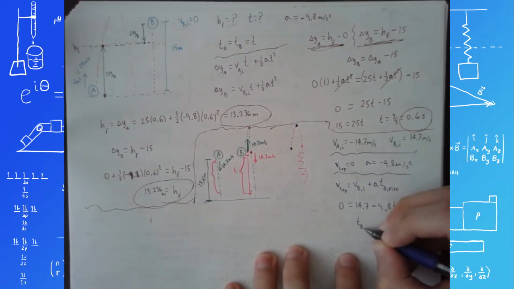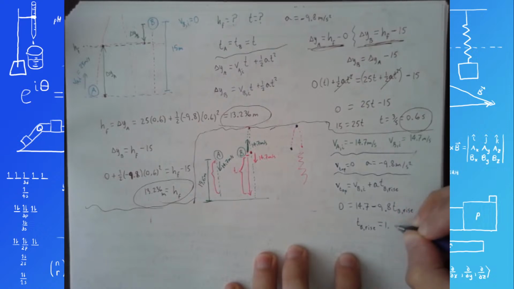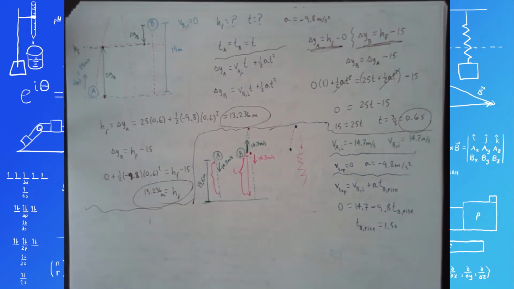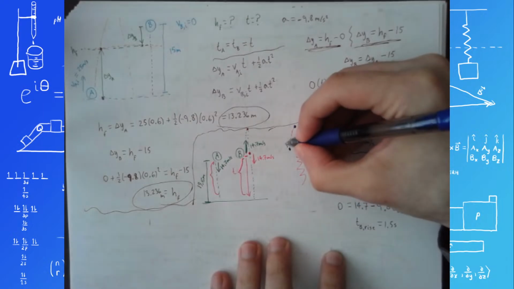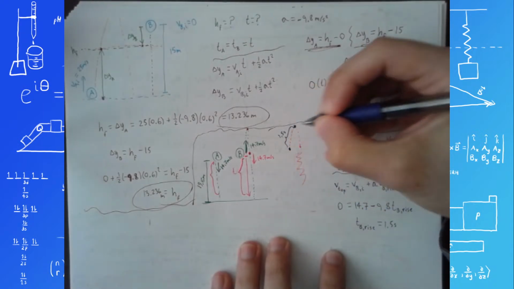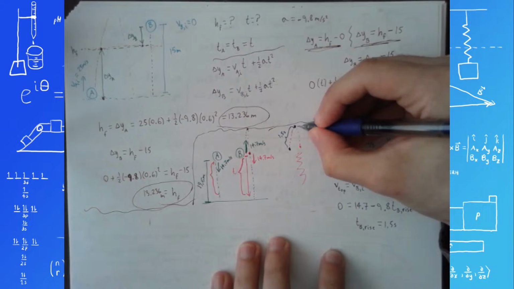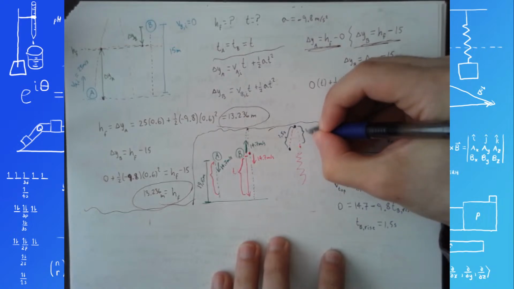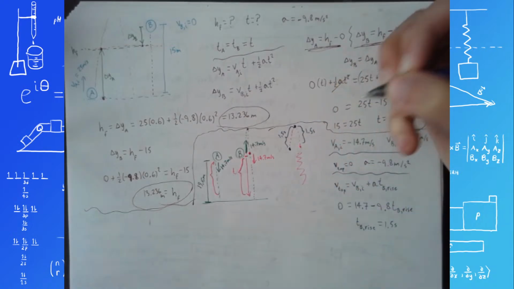The time for ball B to rise to its maximum height is equal to 1.5 seconds. So it takes 1.5 seconds to go from here to here, which means it would also take another 1.5 seconds to go from here to here.